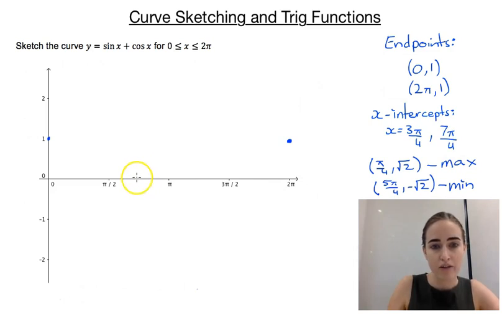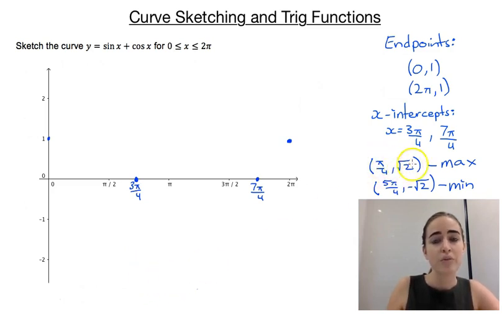So 3 pi on 4 would be here, and 7 pi on 4 would be here. So this one here is equivalent to 6 pi on 4, and that's 8 pi on 4, so 7 pi on 4 is half in between. So we know our function passes through those 2 points as well.